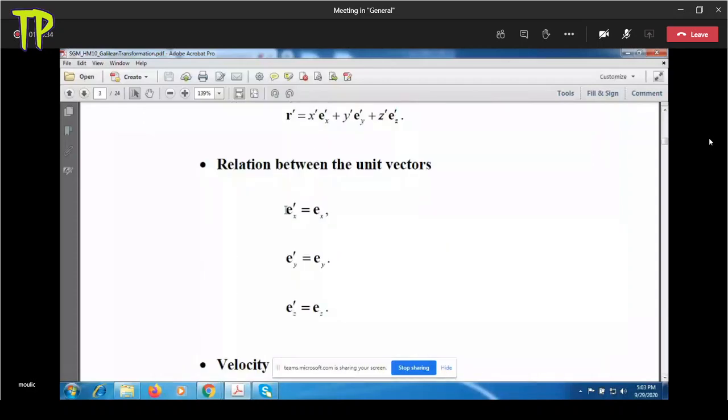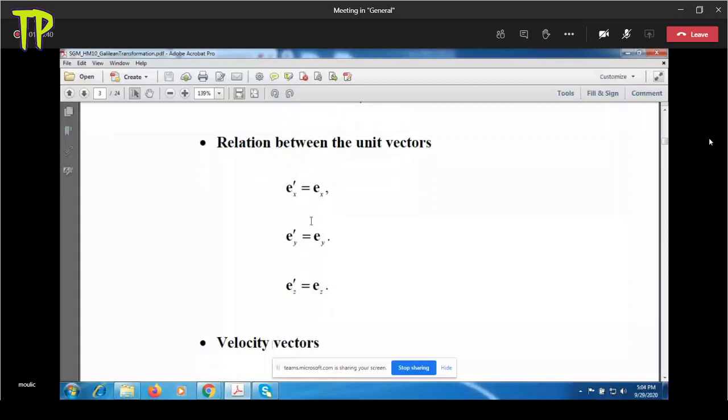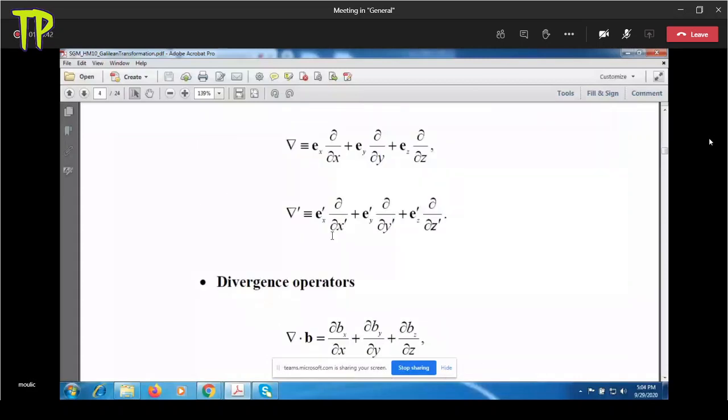So the unit vectors, the prime quantities, are the same as the original quantities. Therefore, in this grad operator, Ex prime is the same as Ex, and del del x prime is the same as del del x. And Ey prime is the same as Ey, and del del y prime is the same as del del y. And Ez prime is the same as Ez, and del del z prime is the same as del del z. So these operators are identical.